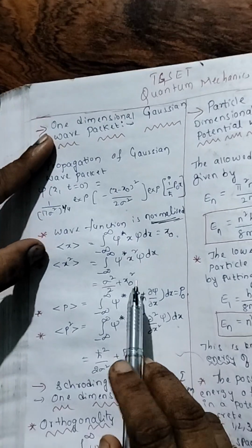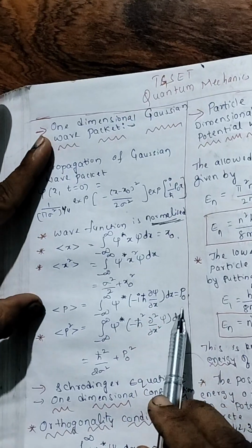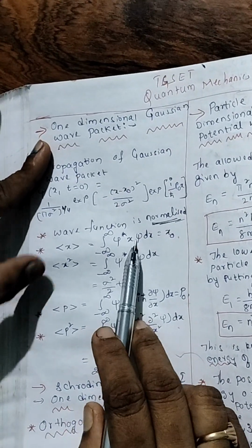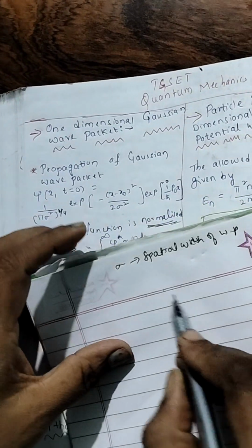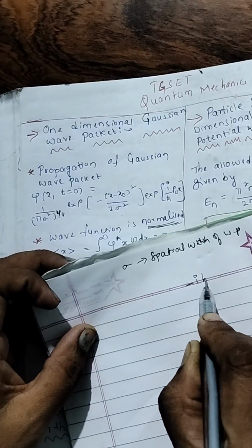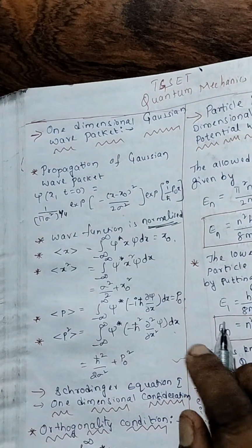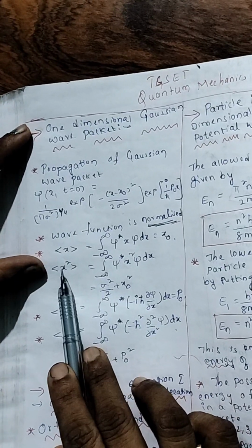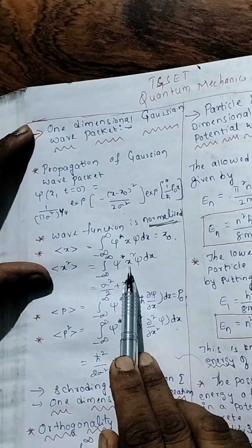You see, the expectation value of x is x naught, and of p is p naught. You can remember it in such a way. Here we substituted x; here we substituted the operator of p, that is minus i h cut dou by dou x, in place of x. Now for the expectation value of x square, in place of x we kept x square.